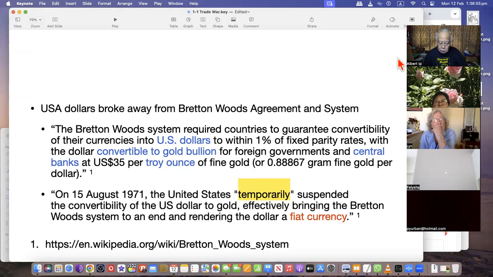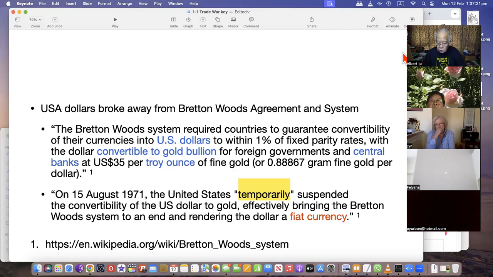The US dollar has been under the Bretton Woods Agreement since the 1940s. This agreement guaranteed the convertibility of US dollars to gold. At that time, it was 35 US dollars per ounce of gold.